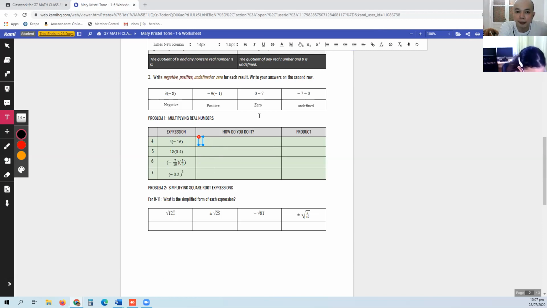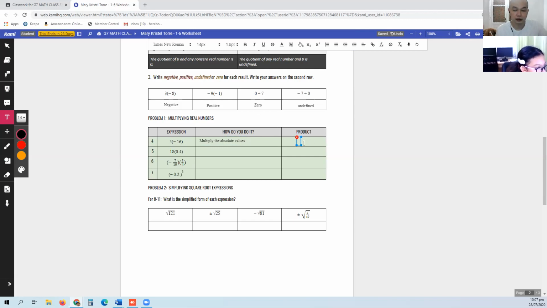Multiply. You say multiply the absolute values. All right, plural values. Okay, now what is the product? You have to get the product. 5 times negative 16.